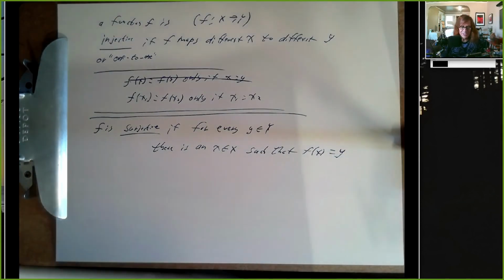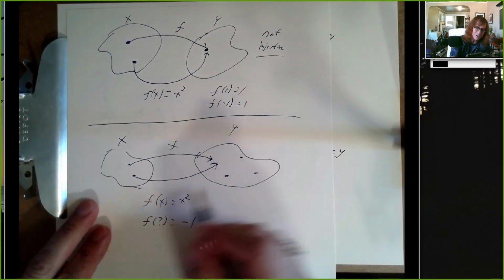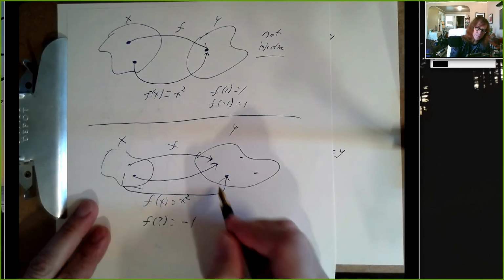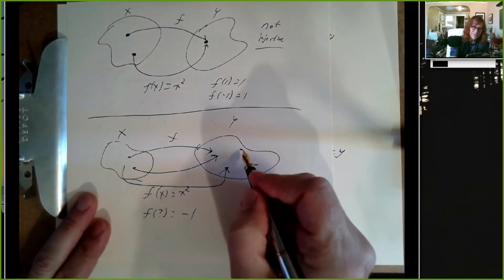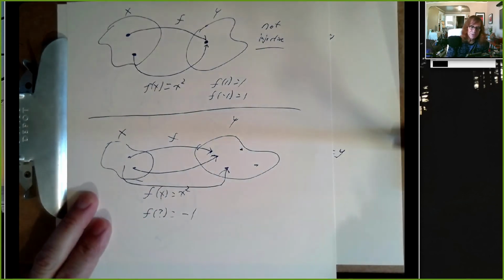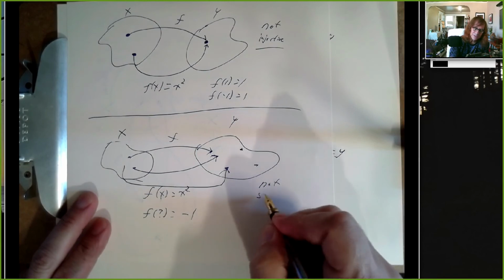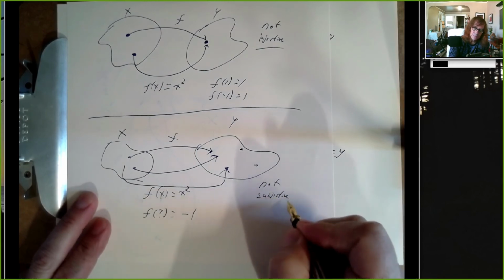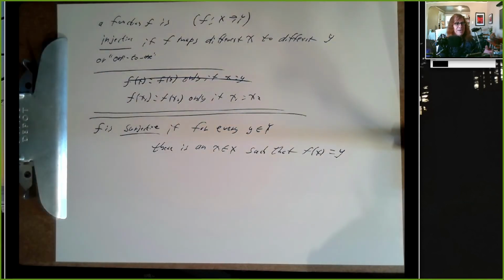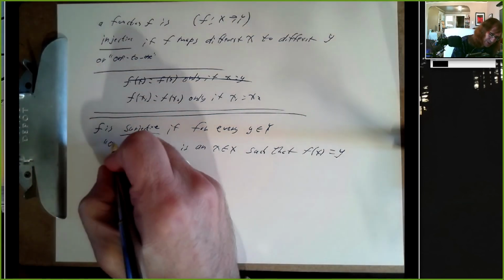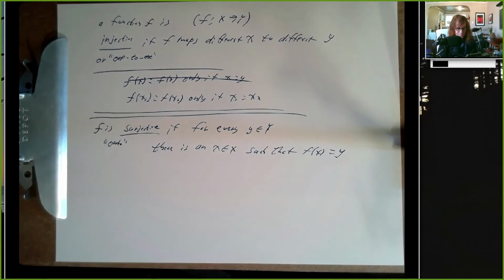So f is surjective if every point over here has something mapping to it. If we have even just one point in Y that's not mapped to by anything, then it's not surjective. If every point in Y is mapped to from somewhere, then the function is surjective. We also call this onto. So these are just definitions to keep in mind, put on your note sheet.